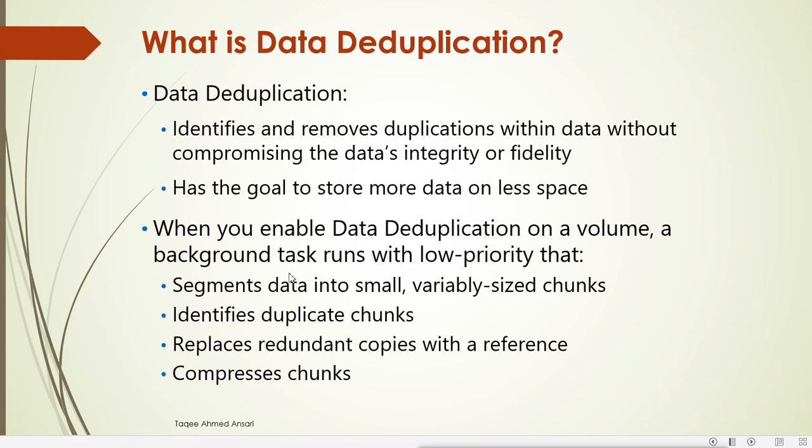So what does it actually do? It's a simple thing. When you enable data deduplication, it runs a background task in low priority, and that task first segments all the data into small and variably sized chunks, then identifies the duplicate chunks, and replaces redundant copies with a reference.